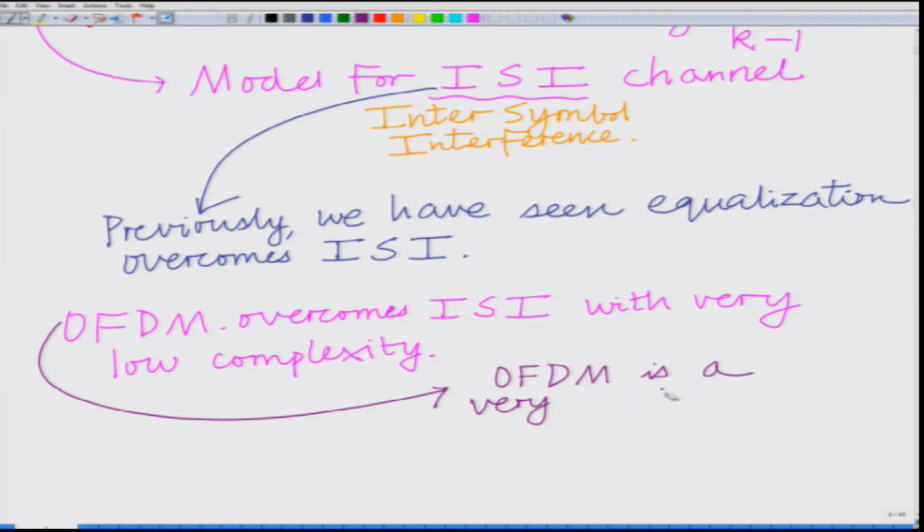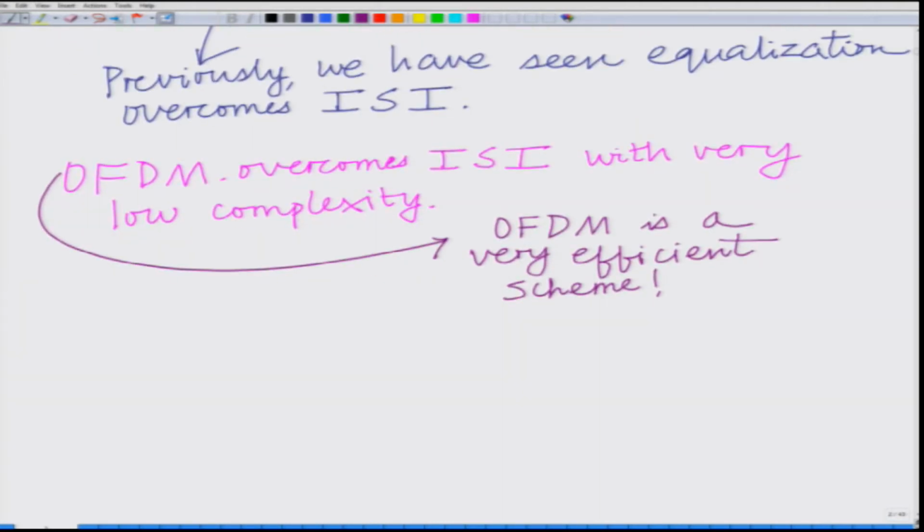OFDM is a very efficient scheme, and that is what has made OFDM such a cutting edge wireless technology for employment in the various 4G wireless standards such as LTE, WiMAX, and also the Wi-Fi standards that we have talked about.